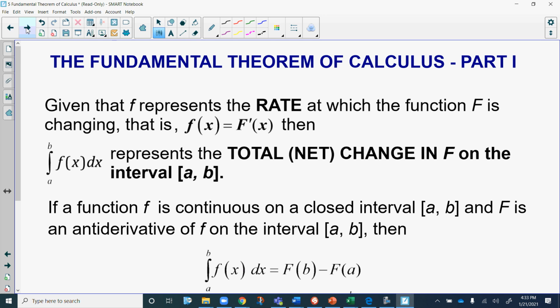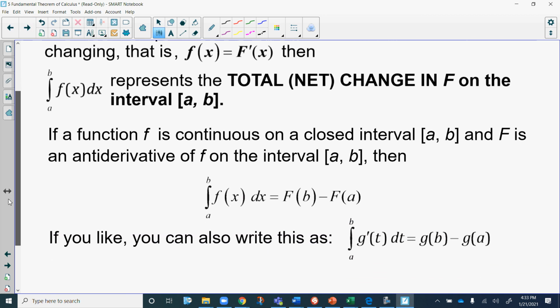The derivative of the antiderivative should be equal to the function or the expression that you're using for your definite integral. And what it's representing is the idea of the total net change over a closed interval from point A to point B.